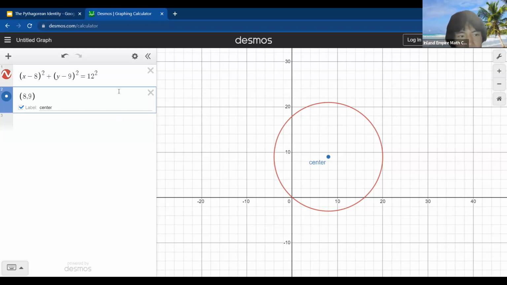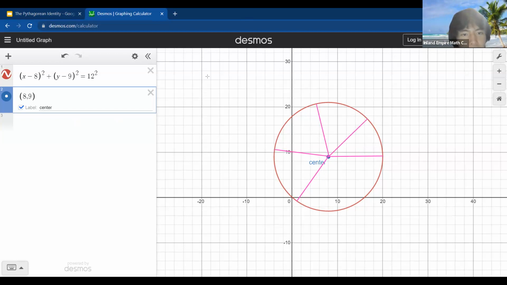And if you take any random line segment, for example from here to here, the length would be exactly 12, right? Because this equation describes the circle with center (8, 9) and radius 12.